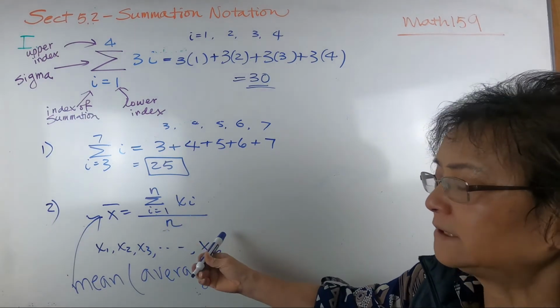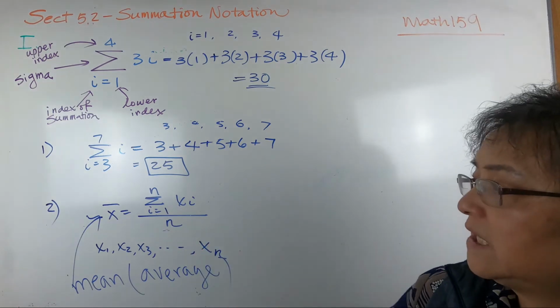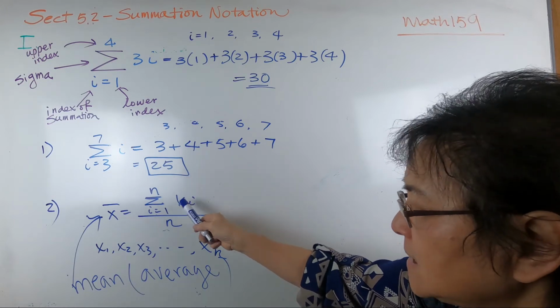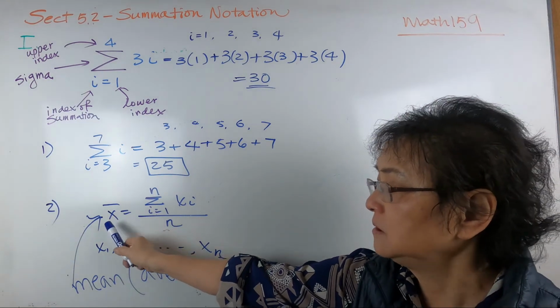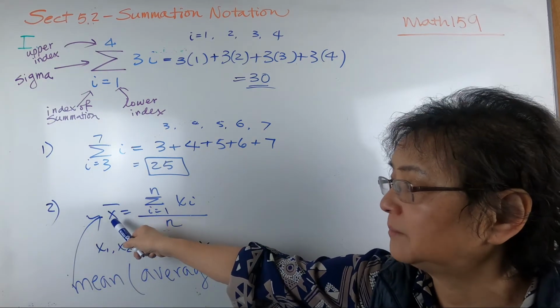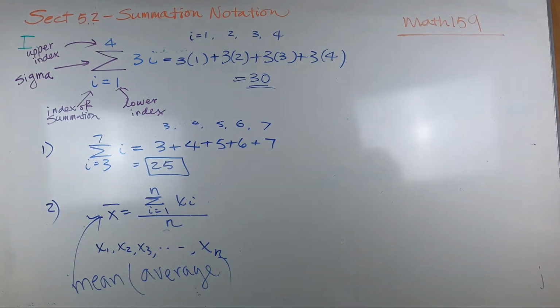If I have 5 items, I add them all up and divide by 5. If I have 10 items, I add all the 10 items up, divided by 10. Then you get your average. Mean, average. You put a bar on top, that means average. That's the symbol you will use in stats.